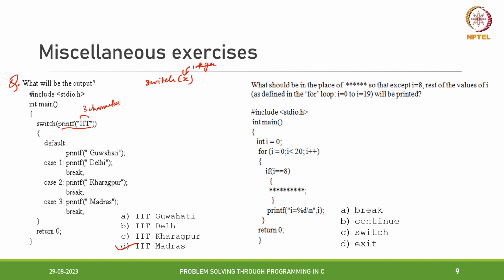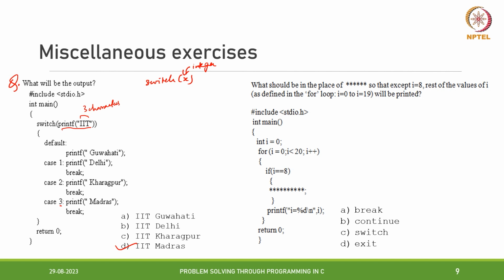So what this printf sends to this switch is how many characters it is printing. So it is printing 3 characters here. That is what it will send to the switch, and that matches case 3, which is Madras. So IIT will be printed anyway, but at the same time it will send the value 3 to the switch, and the switch will match it with case 3 and print Madras. So IIT Madras will be printed.